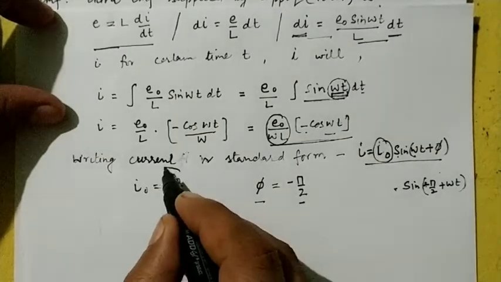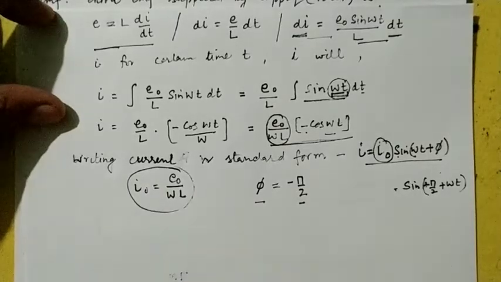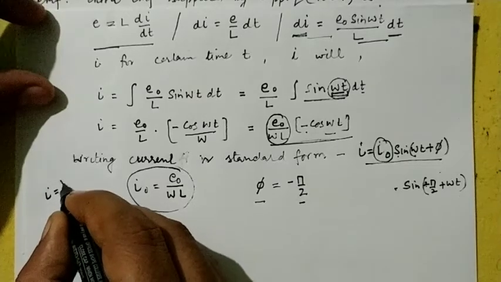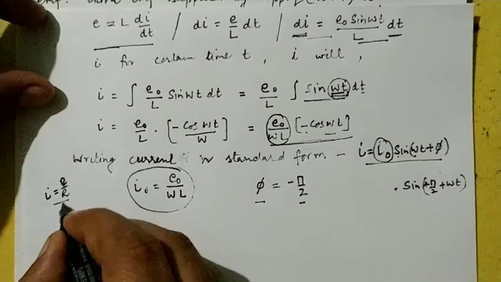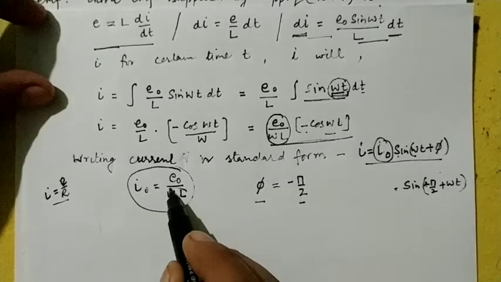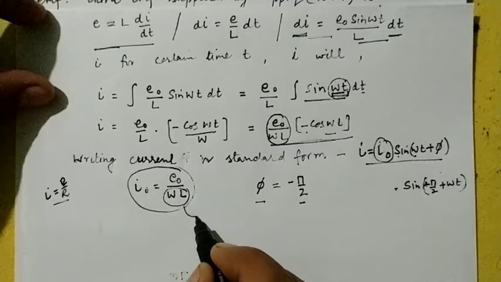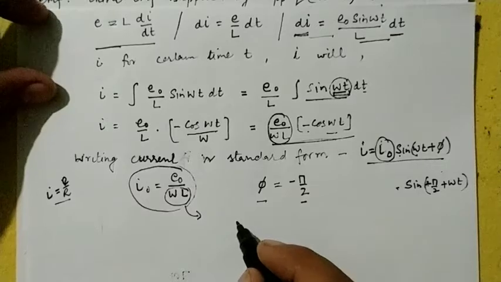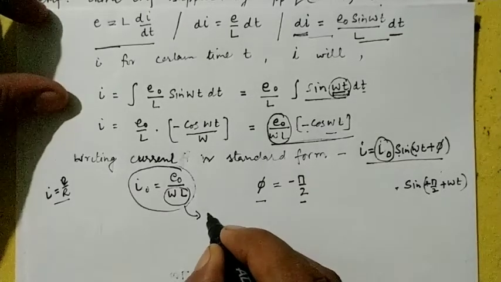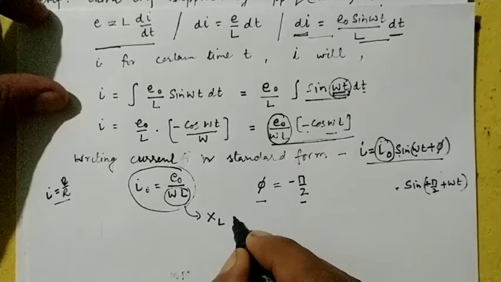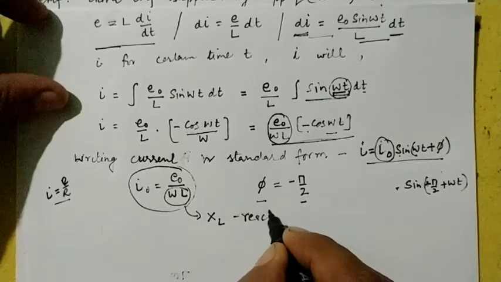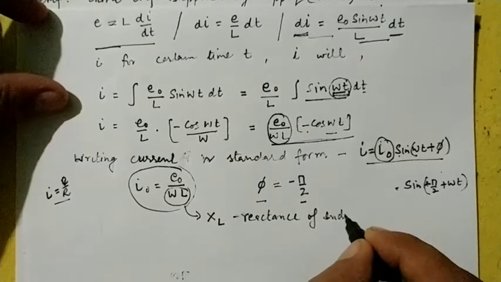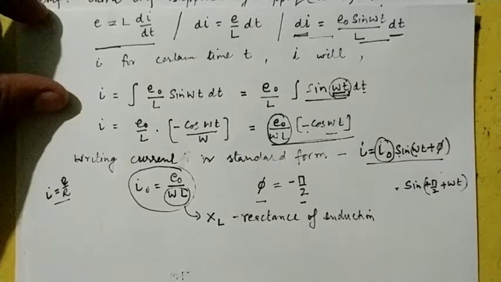Now focus on this part. Ohm's law says that current is equal to voltage divided by resistance. So this term, omega L, plays the same role as the resistance. This term is known as the reactance of an inductor. Why is it called a reactance of an inductor?